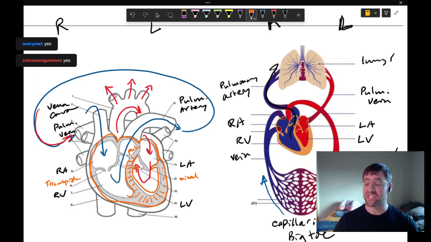And that is because it has to push that blood a lot further. It has to push it through the entire systemic circuit. So the walls of the heart are literally thicker on that side, and the walls of arteries are also thicker because they need to be resilient to that pressure. Veins are very thin by comparison.